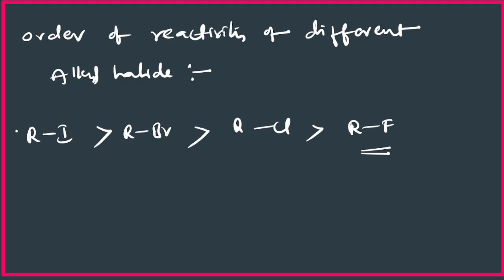See, alkyl iodides are conveniently reduced to alkane by heating with red phosphorus and hydrogen iodide.